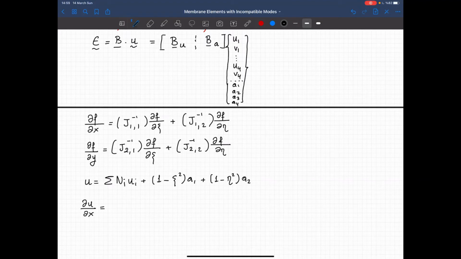This is my axial strain in the x direction, and let's focus on this new part of the equation because we already calculated del u over del x for this part in the bilinear membrane element.